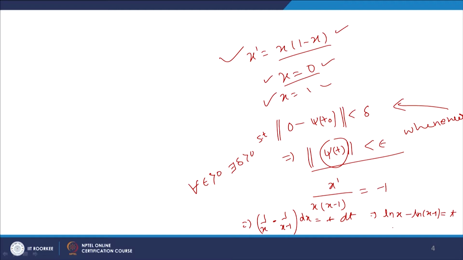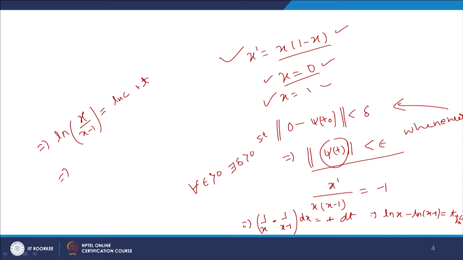We can simplify further: t plus some constant, let us say ln c. So we can write ln of x upon x minus 1 equal to ln c plus t.